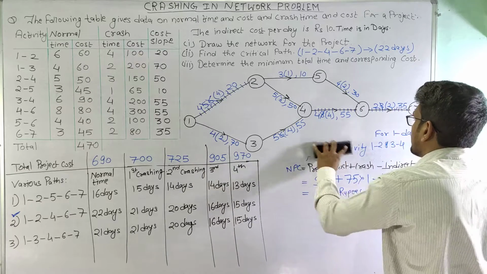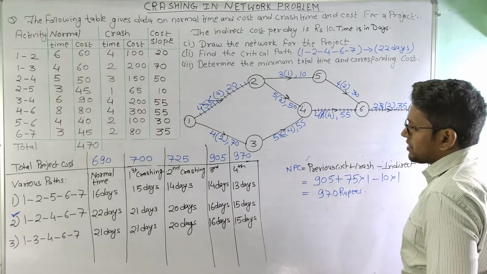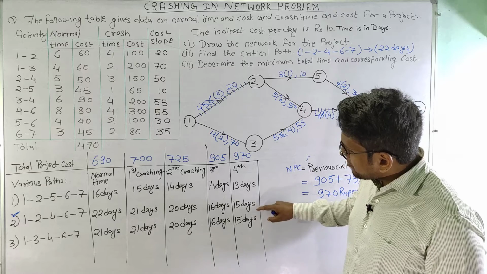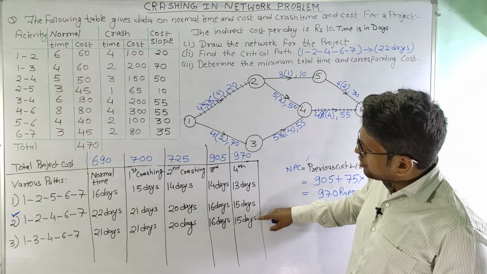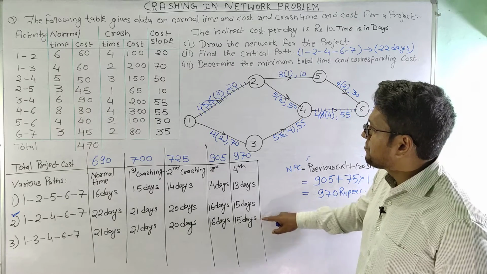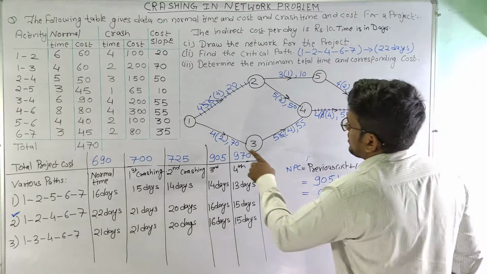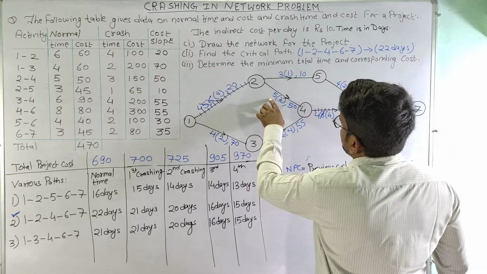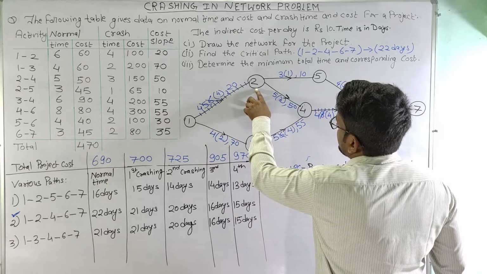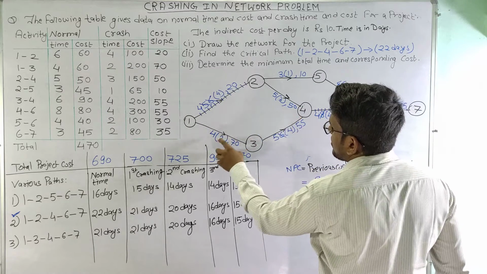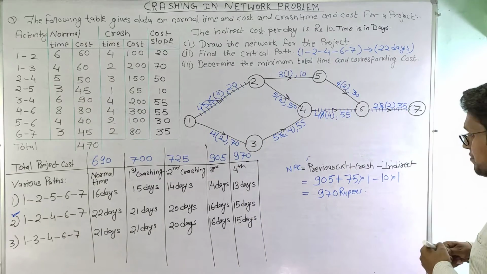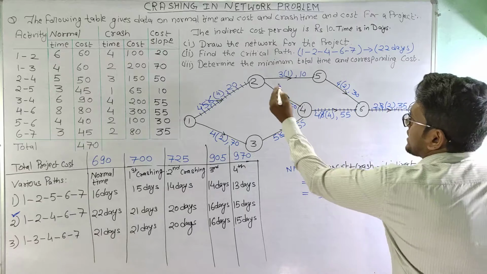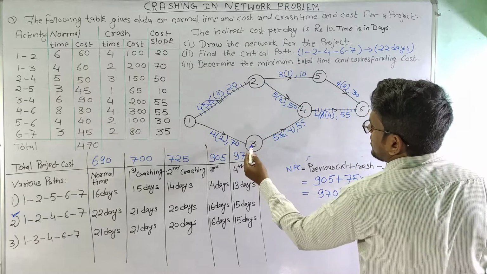Now let us see if we can crash these activities further. So we can see here that again these two paths, second and third path, are the critical paths because these two are having the maximum time. So for this, now we can crash activity 2 4 along with these two activities. So let us see what we can do here. We can crash activity 2 4 with 1 3.